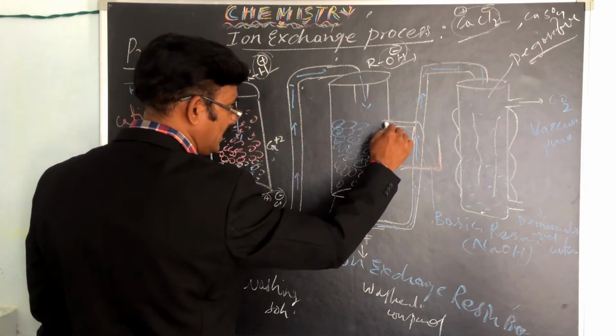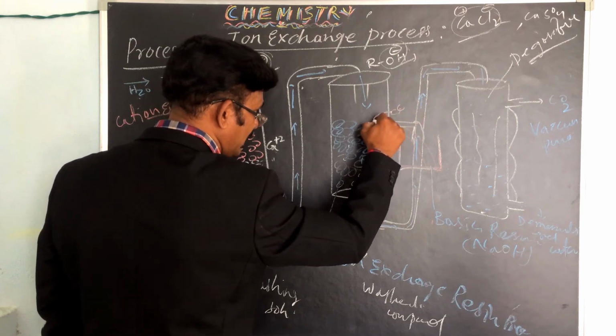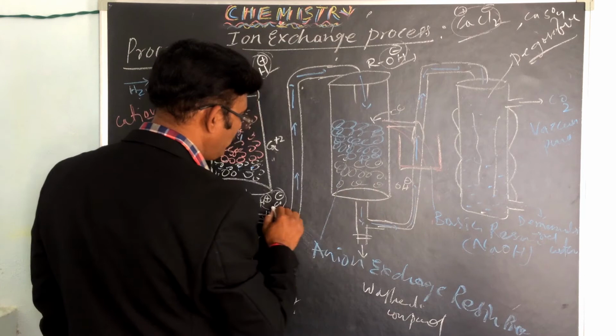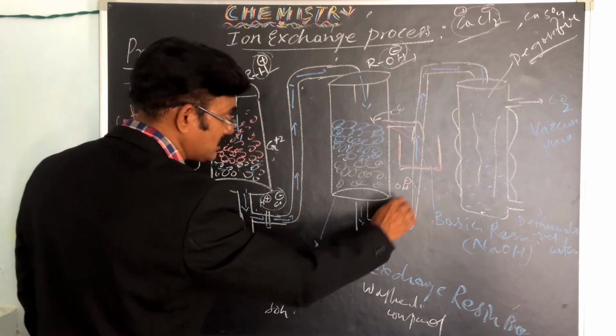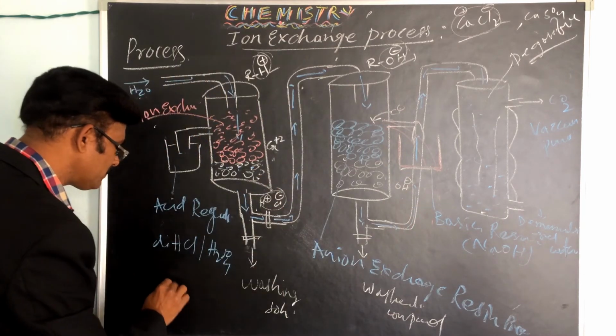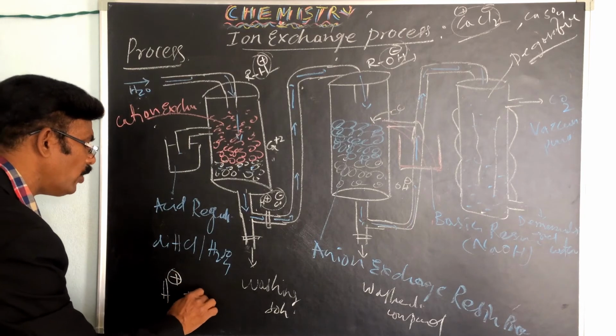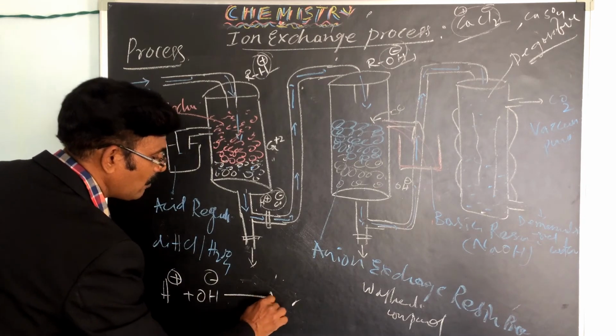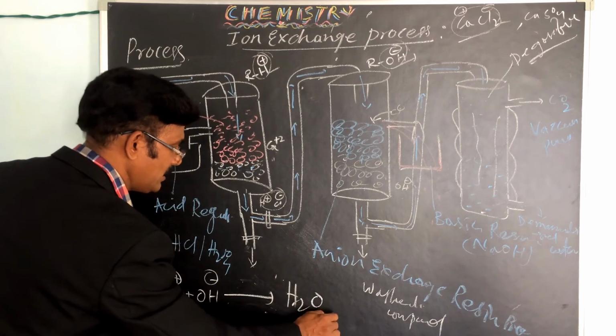Here the anion resin takes up Cl minus, so only OH minus is released. Then H plus and OH minus combine, so what will form? Water formation takes place.